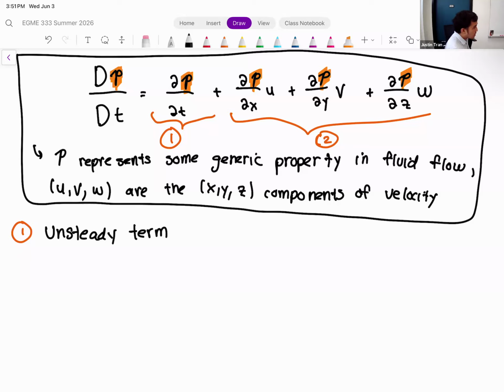The unsteady term represents the fact that fluid quantities can change with time, assuming that you're sitting at a fixed position.